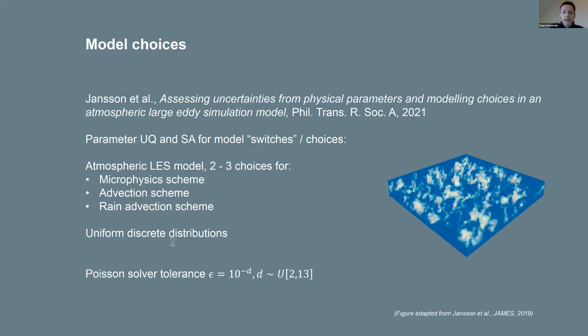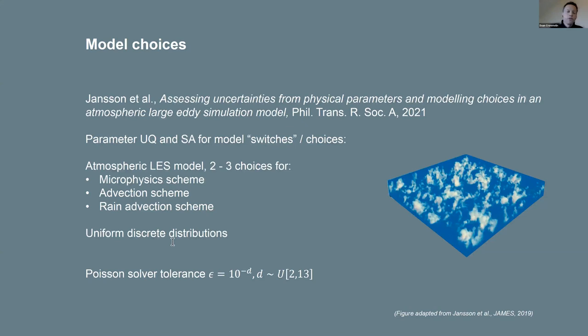And this is from a study that we did in my group in Amsterdam about simulation with an atmospheric large eddy simulation model. And there are certain choices or switches that you have to make between the choice of the cloud microphysics scheme. Right? There are two different schemes for the particular model.